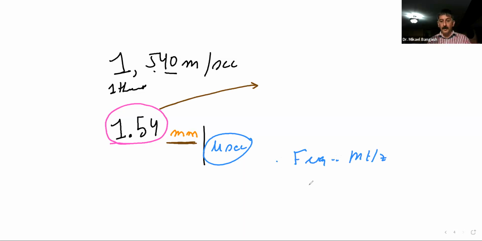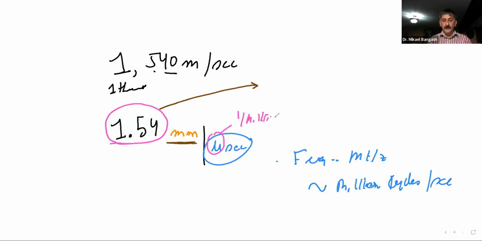Because when we have a frequency in megahertz, that means million cycles per second, whereas a microsecond means just 1 over a million of a second.